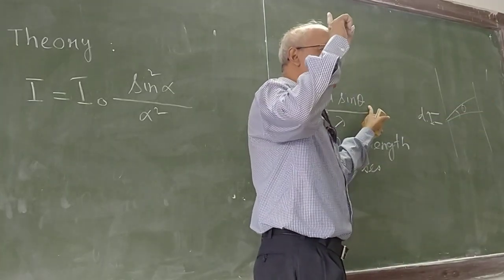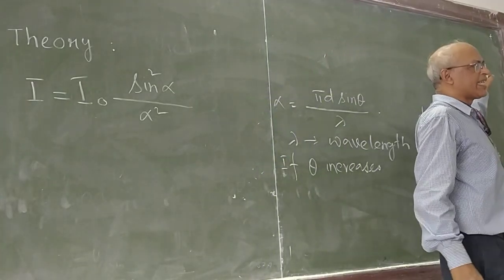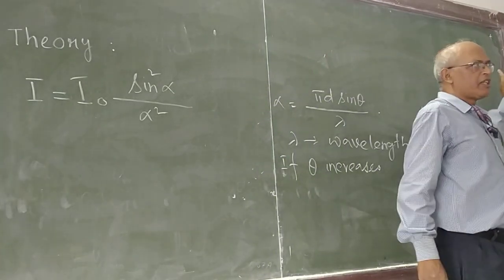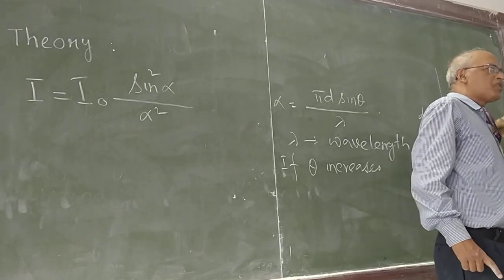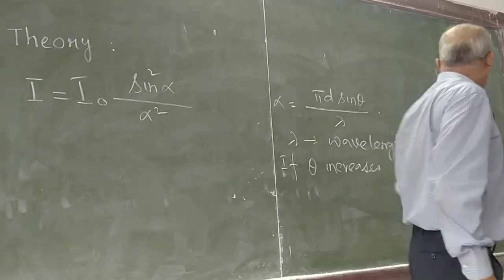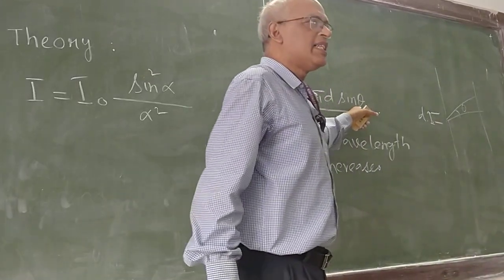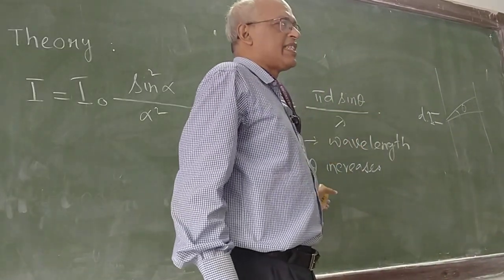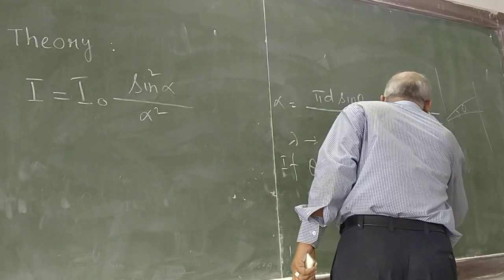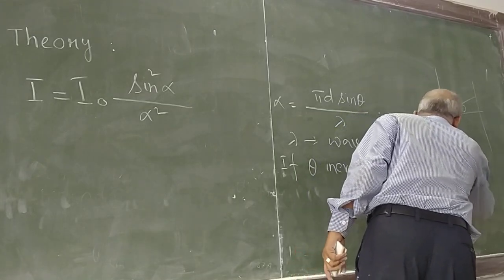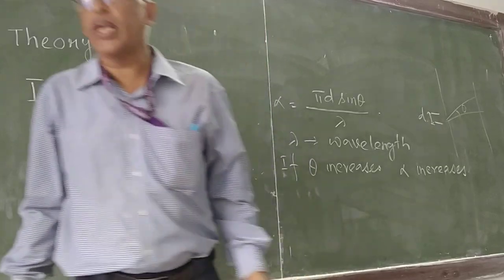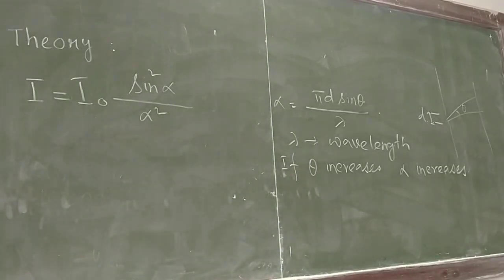What will the maximum value of theta be? The maximum value of theta will be 90 degrees. So up to 0 to 90 degrees we are talking. If theta increases, sin theta increases, and alpha also increases. First part is clear. We are talking about 0 to 90 degrees. The maximum value of theta is 90 degrees.